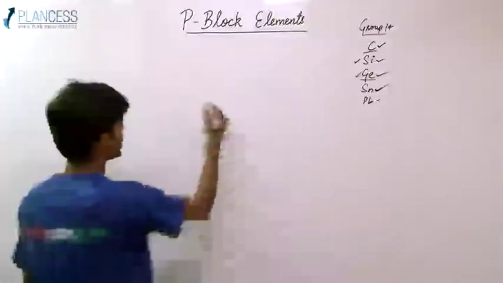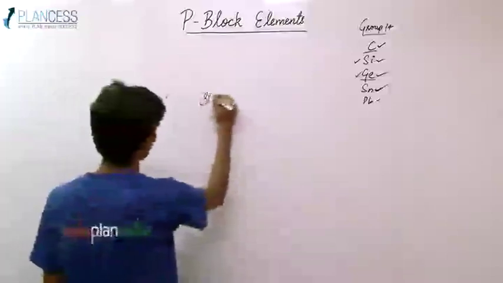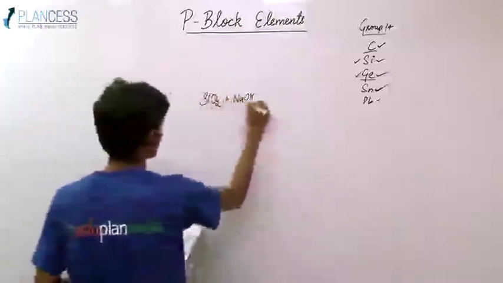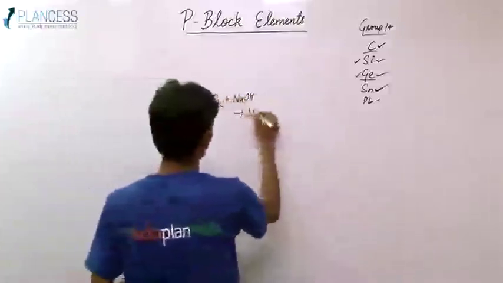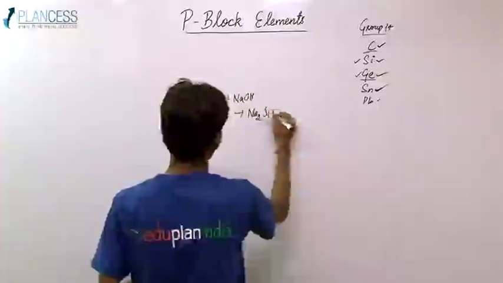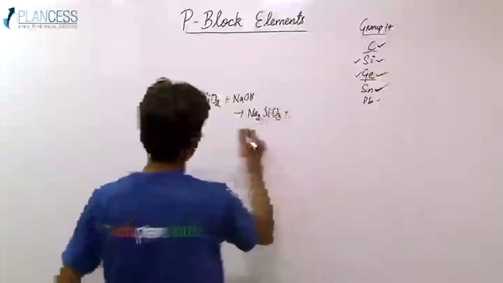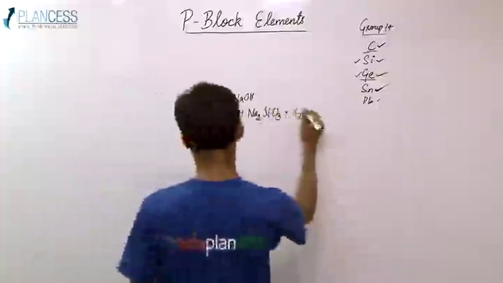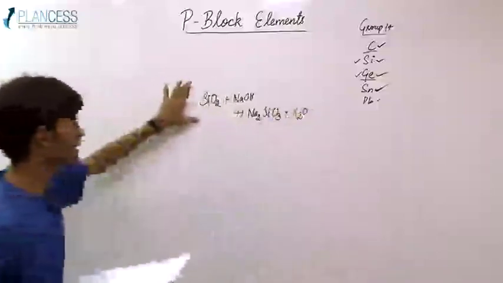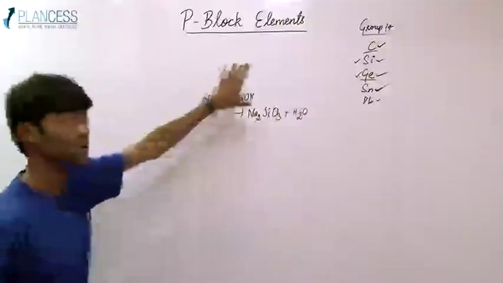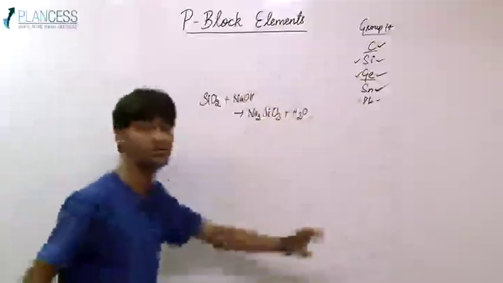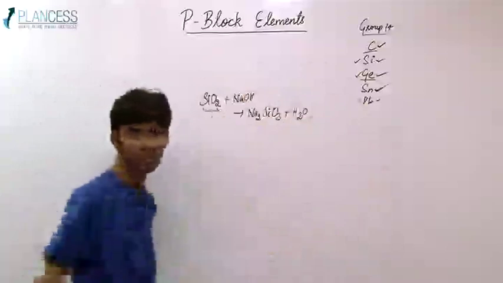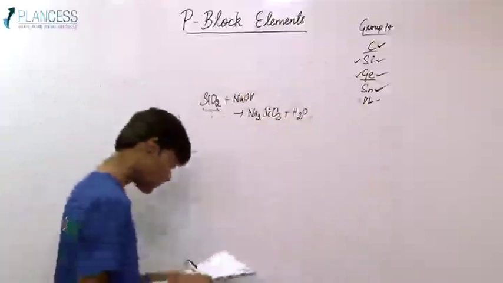As I told you about HF, now talking about the reaction with NaOH, SiO2 reacts with NaOH and forms Na2SiO3 with the formation of H2. So it reacts with NaOH also, and with HF also. So SiO2 is mostly amphoteric in nature.